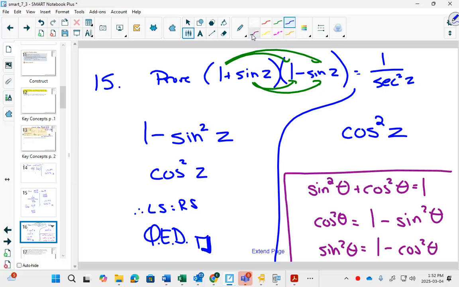Actually, it happened once. I was marking a provincial exam, and it was a very complicated proof. And the student wrote, ladies and gentlemen, it is obvious that 1 plus sine theta times 1 minus sine theta equals 1 over secant squared theta. No work needs to be shown.